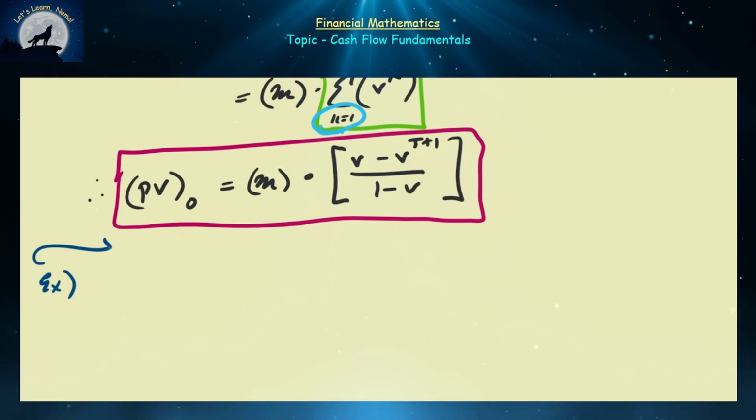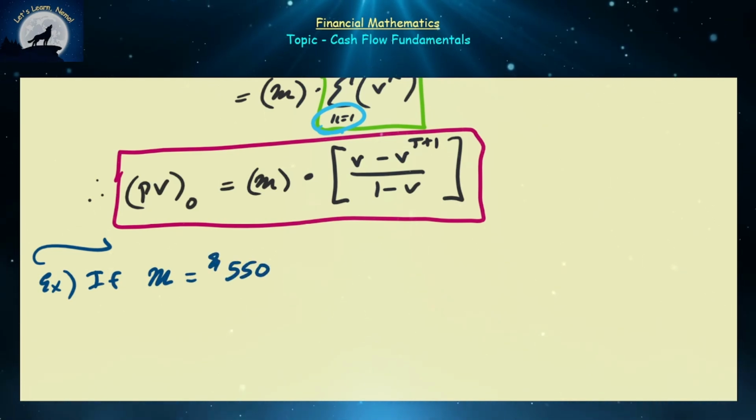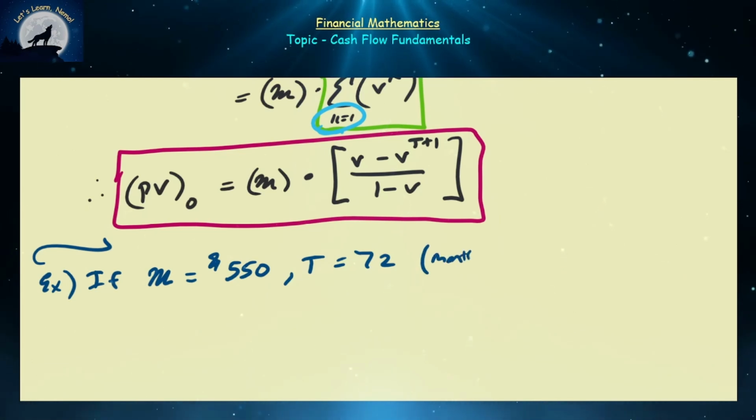So let's close this video with a nice, peaceful calculation example, and you might want to think of how this is going to be used in application. Let's assume that M is equal to $550. Let's assume T is equal to 72. So this could be viewed as equivalent to monthly for 6 years. So think to yourself, what would you pay $550 every month for 6 years?